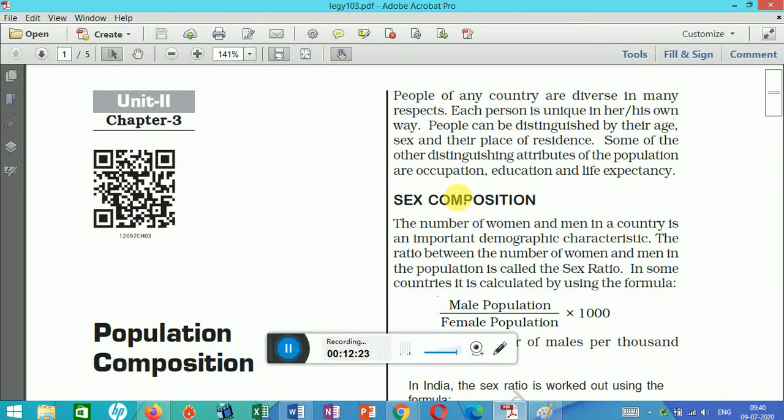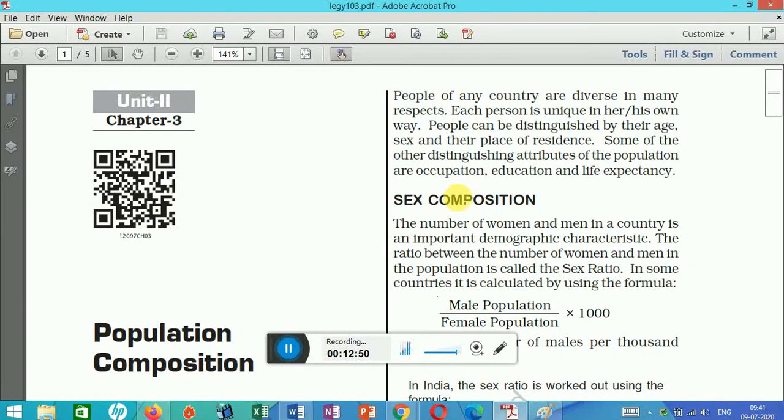Okay, so it is the study of these different characteristics of population, like age structure, sex structure, then literacy, education, occupation. So many other aspects of population are discussed in population composition.